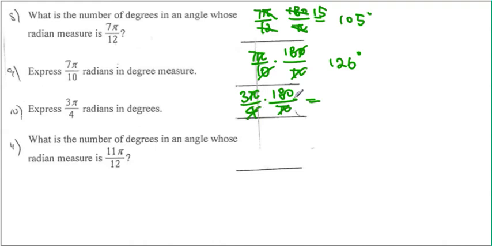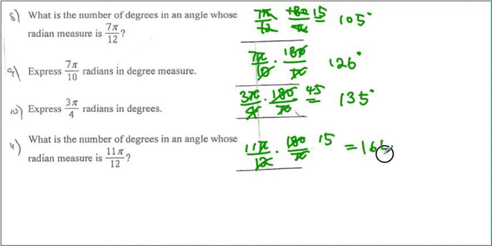Here 4 cancels out with 180, leaving 45. 45 times 3, we end up getting 135. Same way, 11 pi over 12 times 180 over pi, then pi cancels out. Here 12 also cancels out, leaving 15, so we end up with 165 degrees.